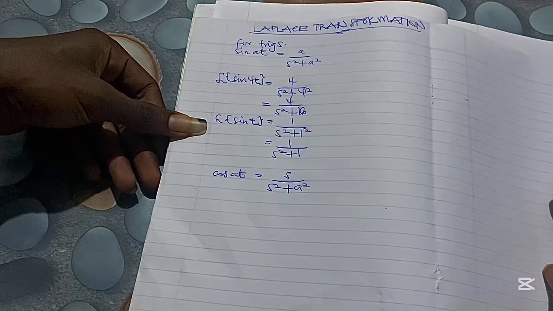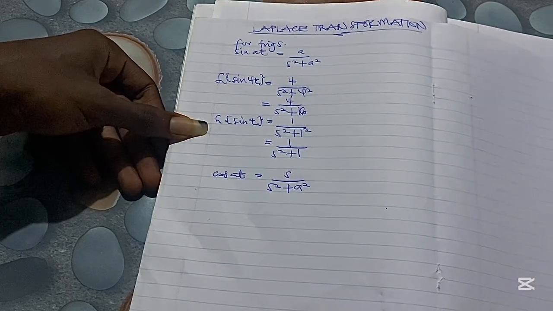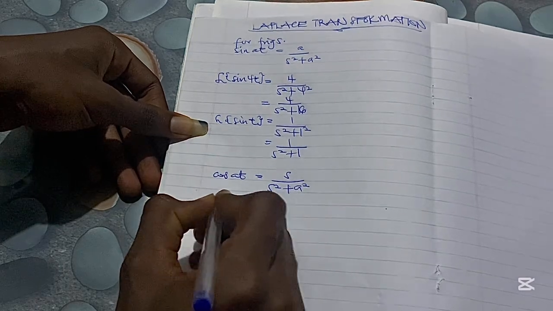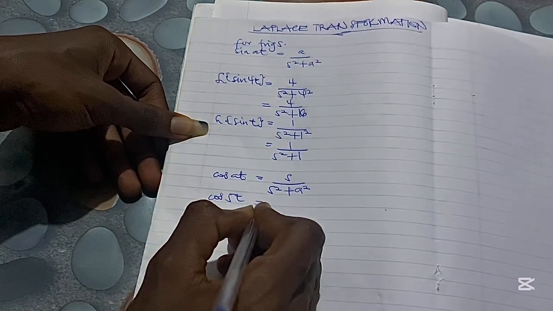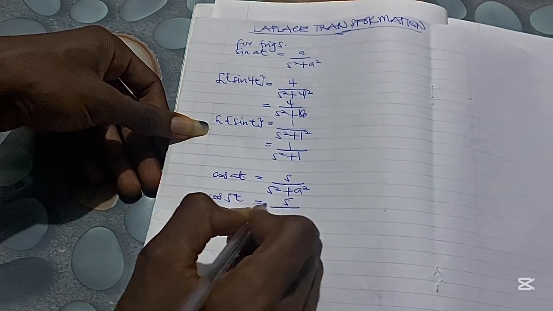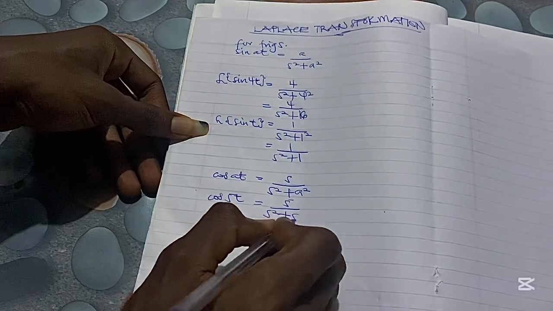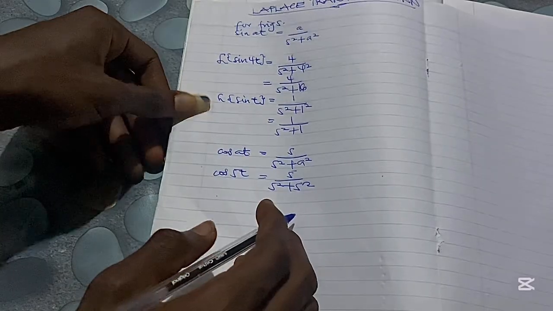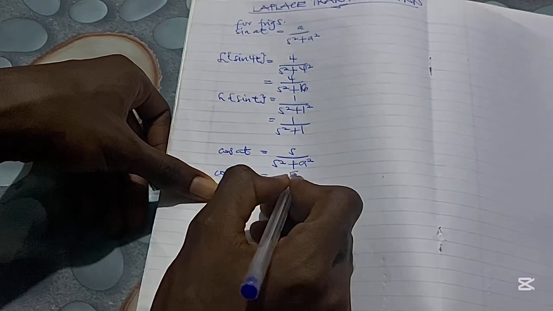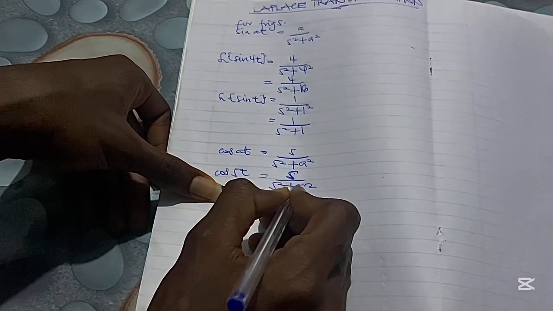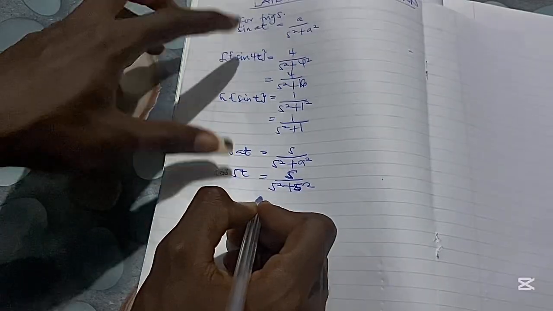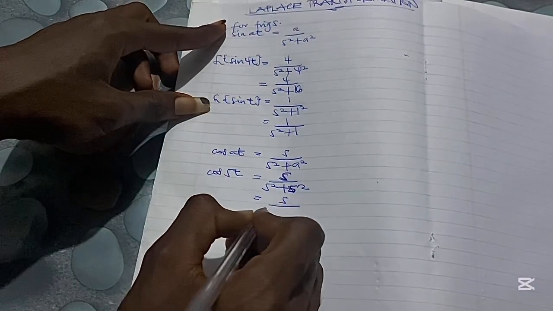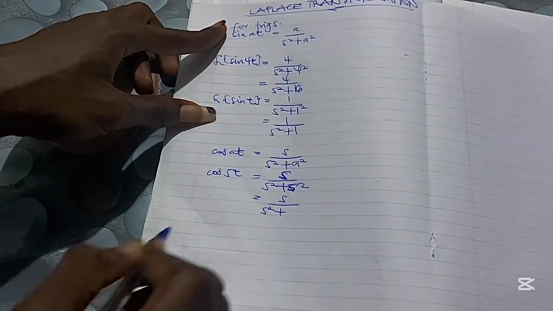So if you have cos 5t, it is equal to s over s squared plus 5 squared, which is s over s squared plus 25.